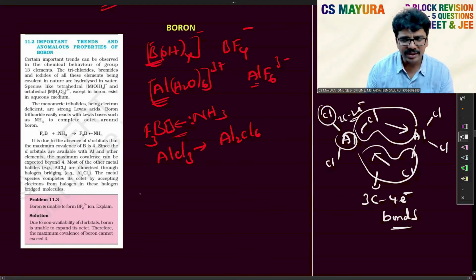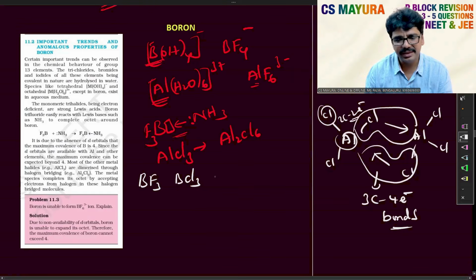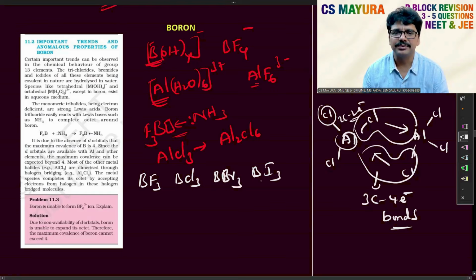Next, coming to another important point, I am taking BF3, BCl3, BBr3 and BI3. Among all these halides of boron, Lewis acid character is more for BI3.